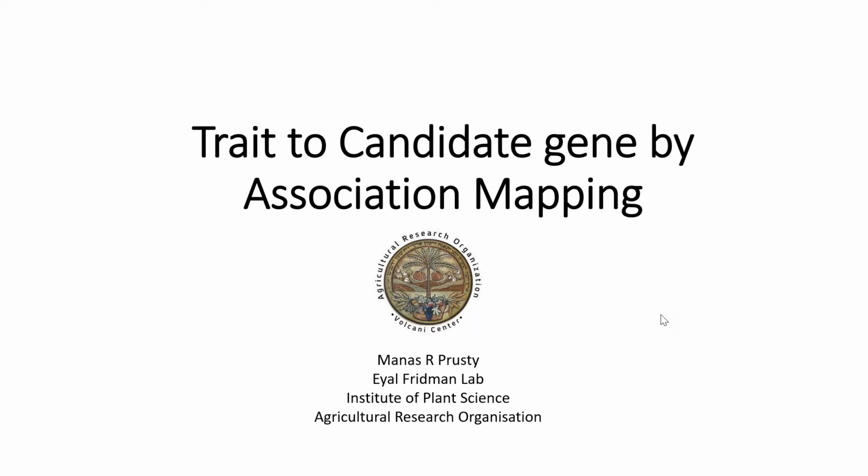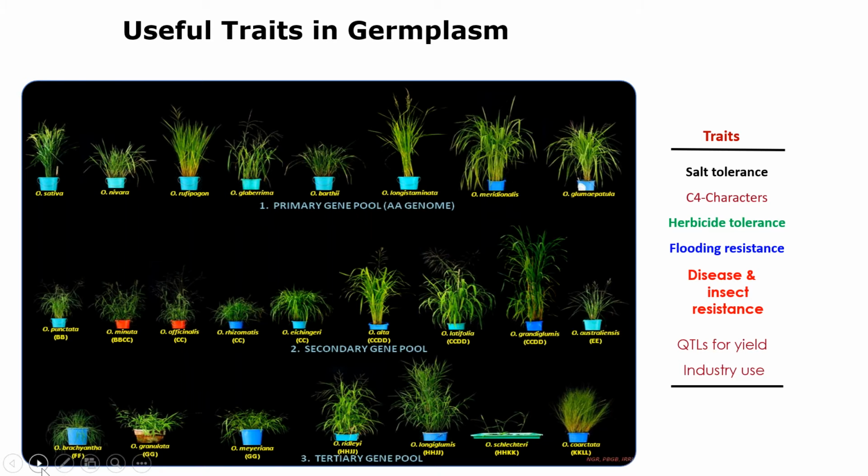So in every germplasm, there are many different novel traits. Here I give an example of rice germplasm, because I worked on rice in my PhD, and now I'm doing a postdoc on barley.